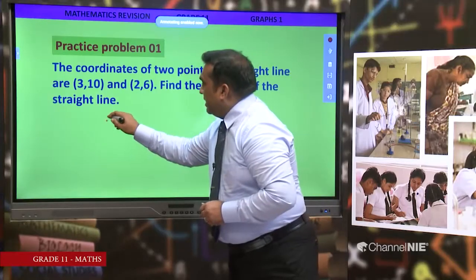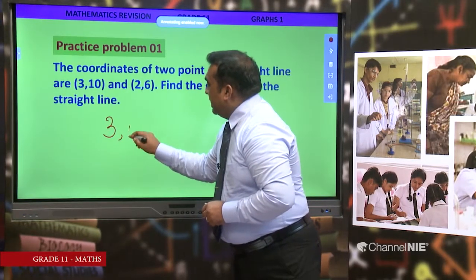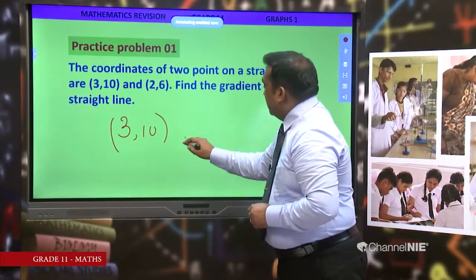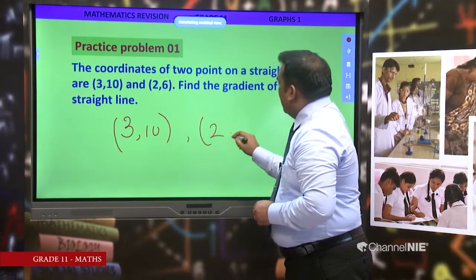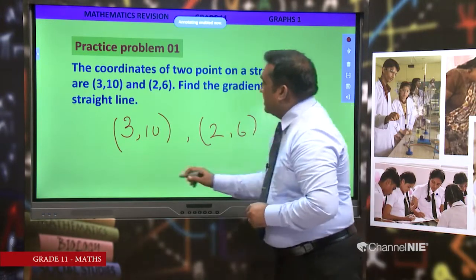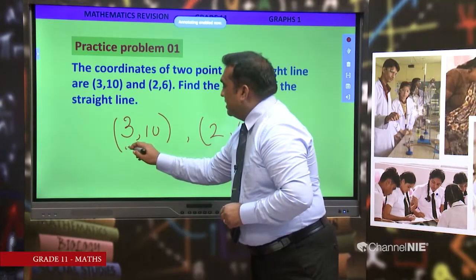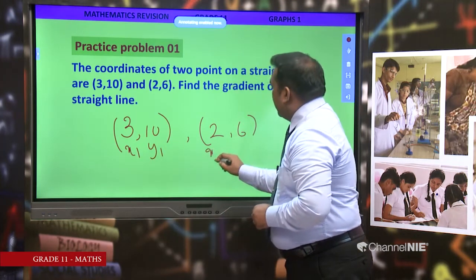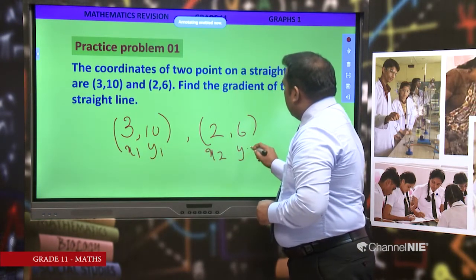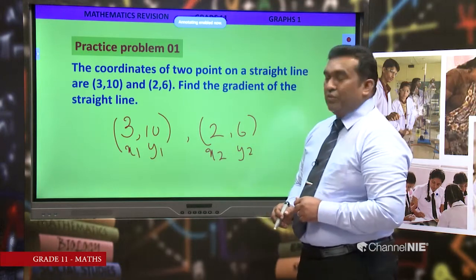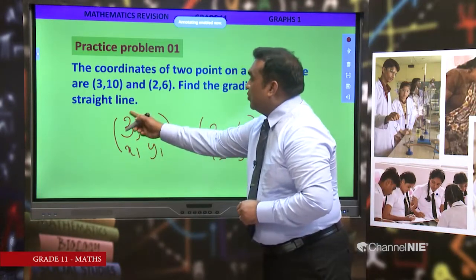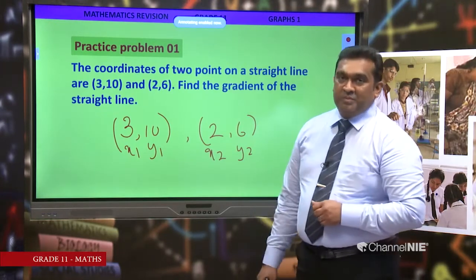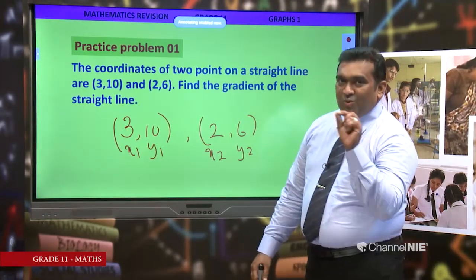Then (3, 10), next one (2, 6). You can consider these as x1, y1, x2, y2. If you want to consider this one as x2, y2, you can consider this one as x1, y1, no problem. As you like, you can select.